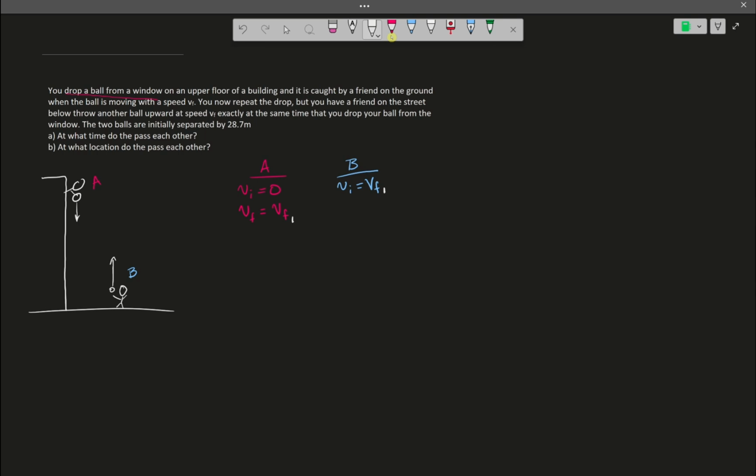The two balls are initially separated by 28.7 meters. So the distance of separation, I'm going to call this the distance between them, is 28.7 meters.